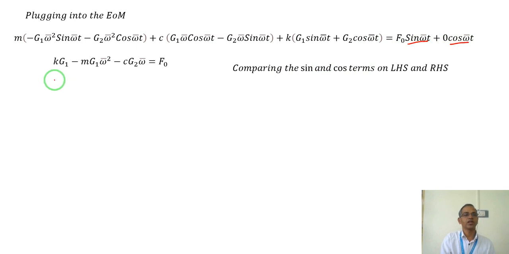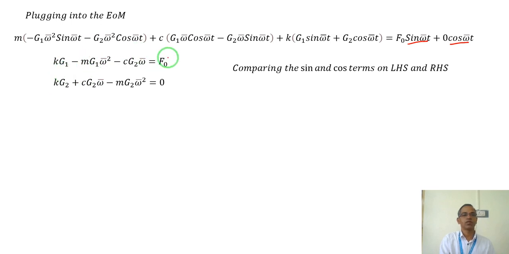So what we get is this, taking G1 in common, then comparing the cos terms, this cos omega bar t is not there on the right, so that's 0. So these two equations are obtained by comparing the LHS and RHS coefficients of sin omega bar t and cos omega bar t.